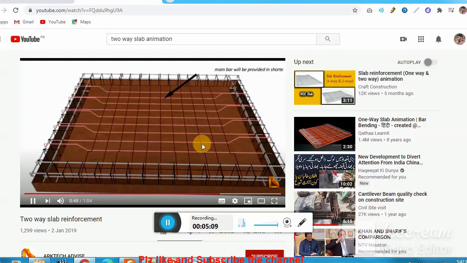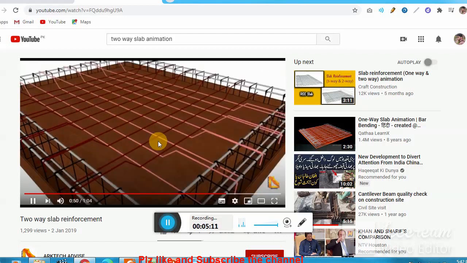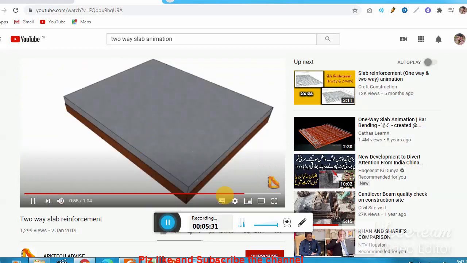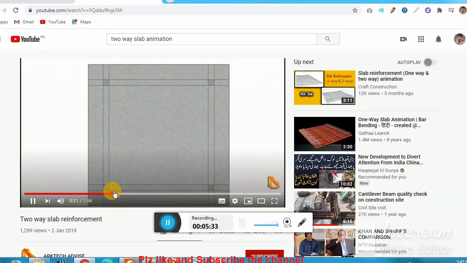You must understand the configuration: here you see one edge clearly straight, but the other edge of this bar is bent up, and the adjacent bar's edge on that side is straight, but here it is bent up. So this is how we can provide bent up bars.